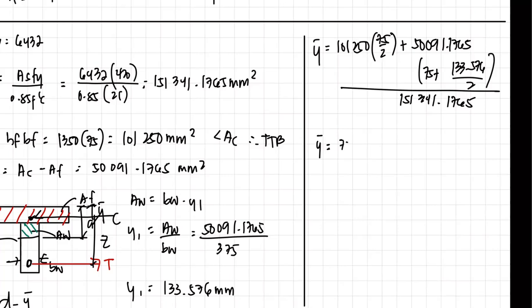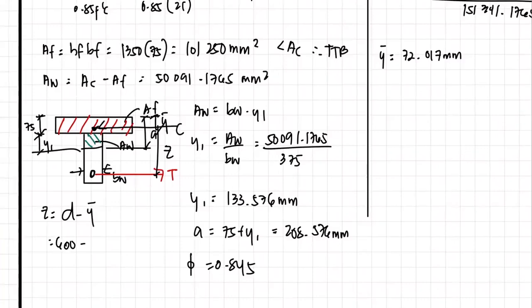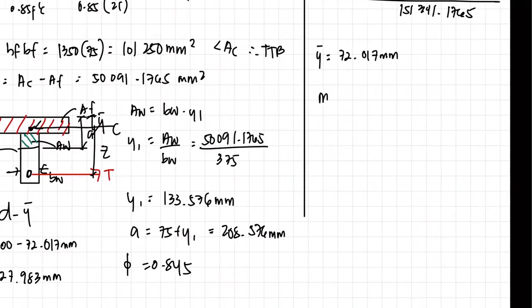We have 72.017 mm. So yung D natin dito will be 600 minus 72.017 mm. Z is equals to 527.983 mm.